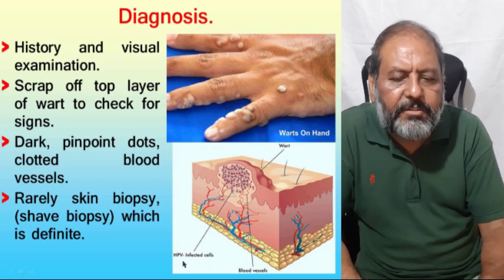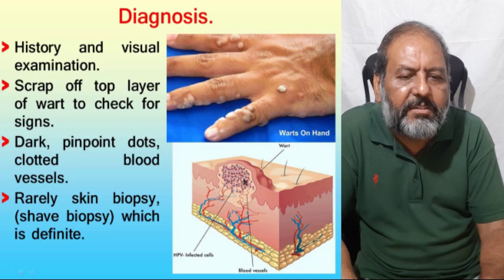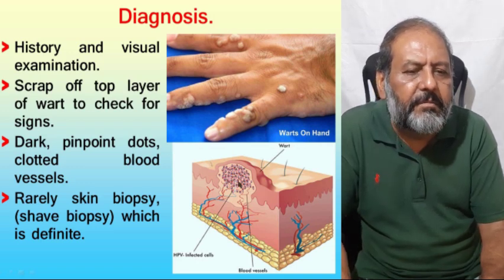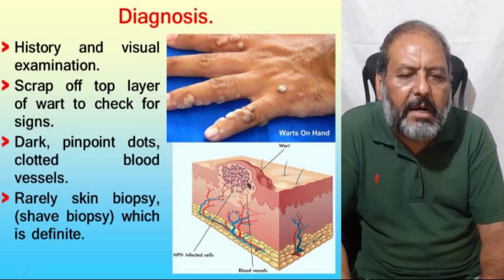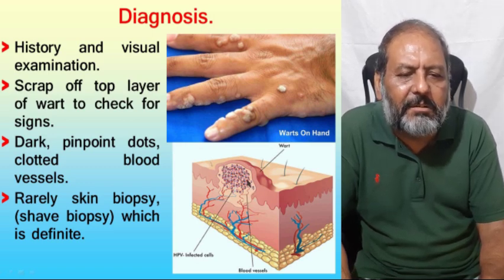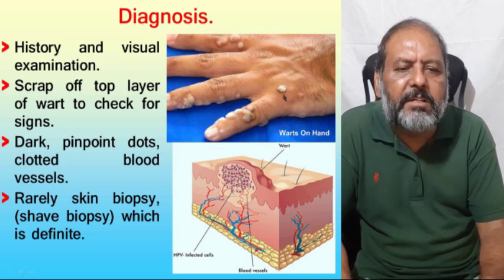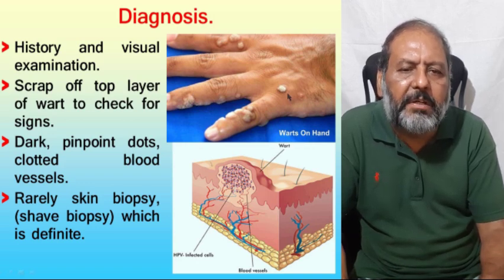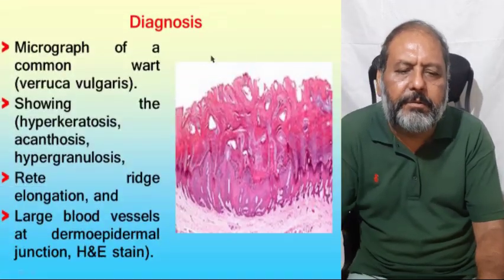Here one can see the HPV infected cells and the blood vessels and a lot of the viruses which are there, and that is just making the form of the wart. That is the cut section of the skin through the wart to tell what it is made up of. Visual examination, with its specific peculiar shape, can also help in diagnosis.